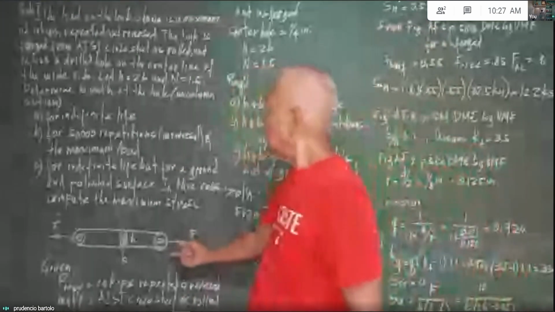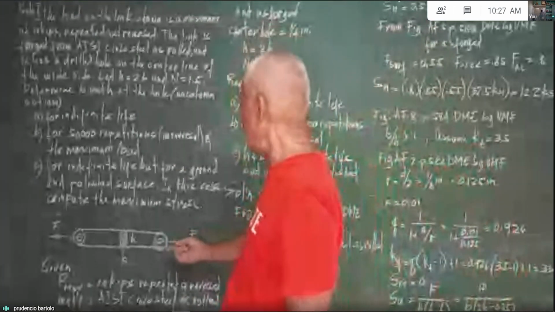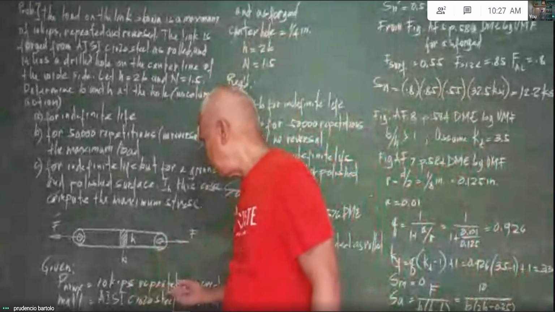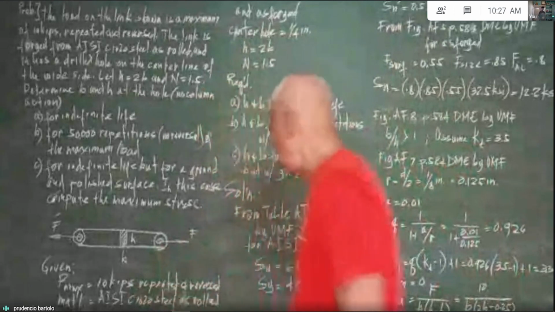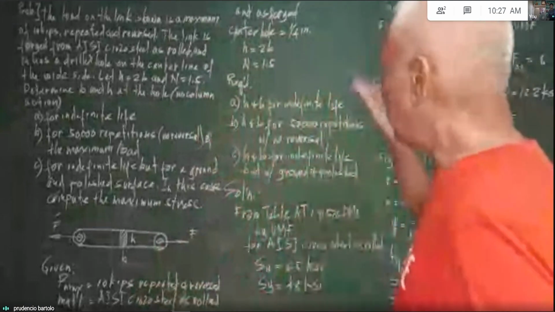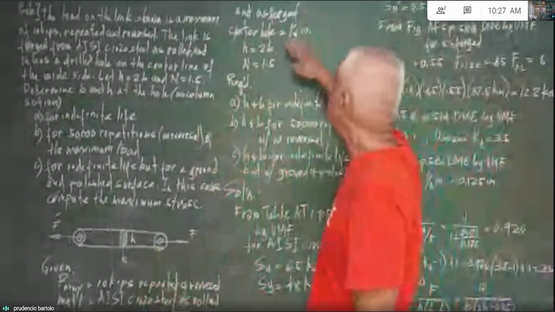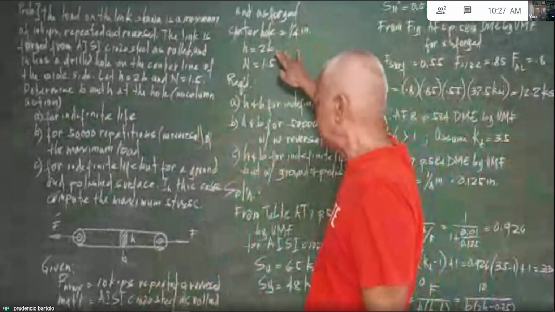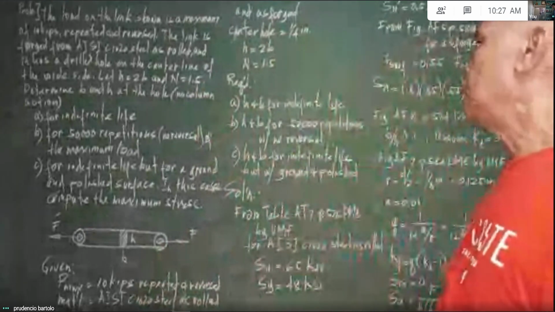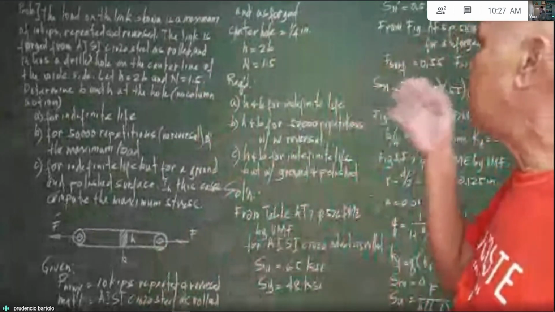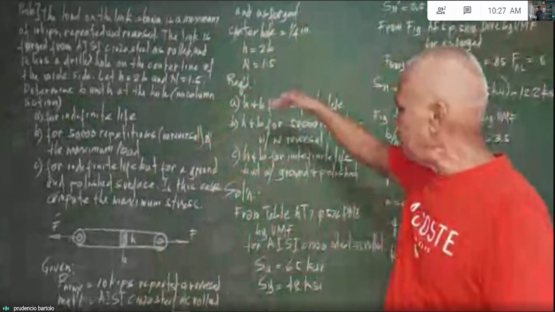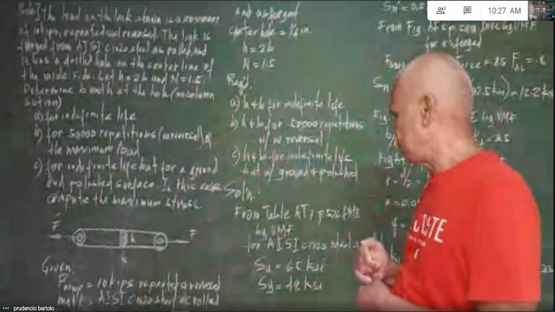So we have here the diagram with the given maximum load of 10 kips, repeated and reversed. Material is AISI C1020 steel, forged. The center hole is 1/4, X is equal to 2B, and N is equal to 1.5. So we are asked to find the dimensions X and B for A, B, and C.